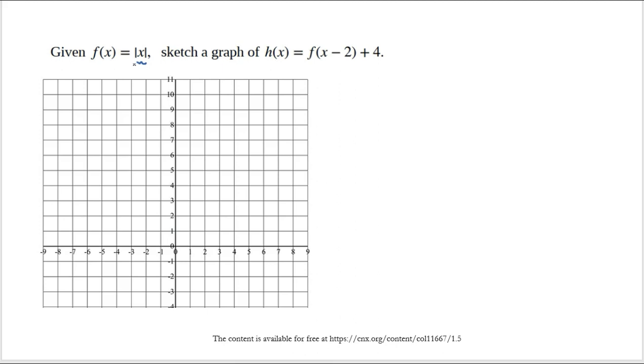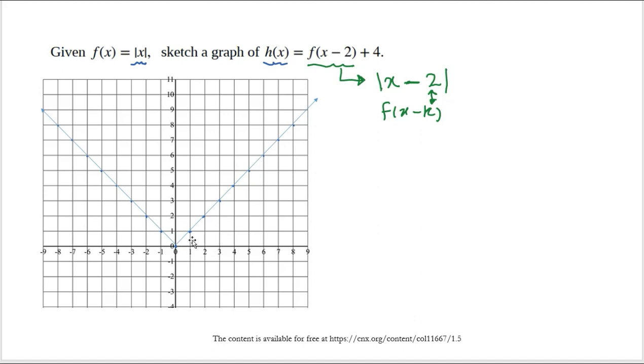Given f of x, the absolute value of x, sketch the graph of h of x. So here, the absolute value of x. F of x minus 2 means the absolute value of x minus 2. So k is positive, f of x minus k. K is positive, so 2 units. This will move to our right.